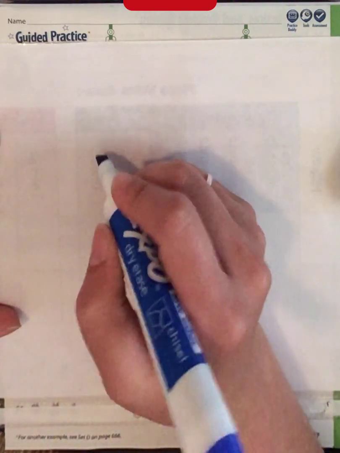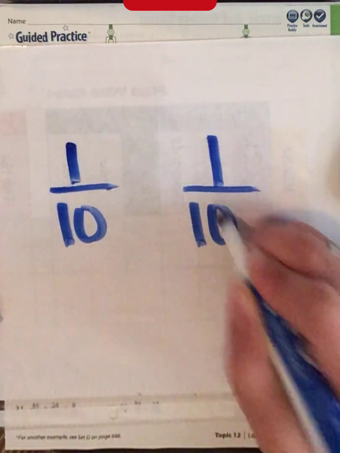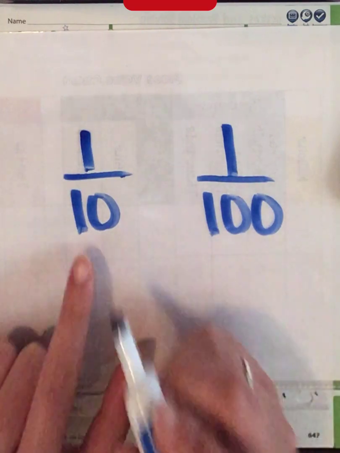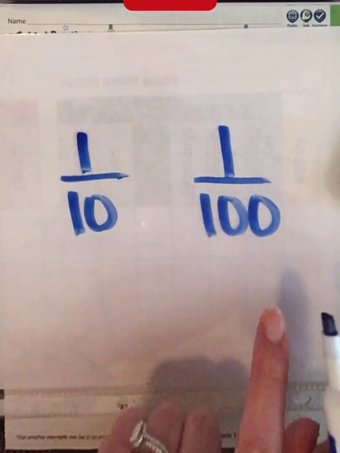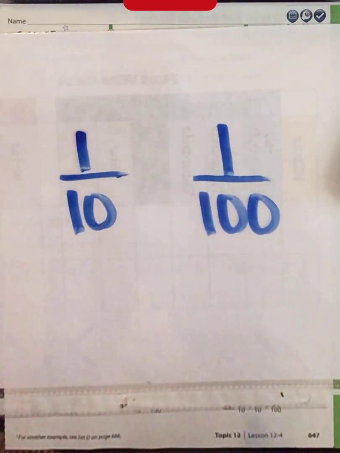All right, so we're going to be looking at fractions that are written as tenths and fractions that are written as hundredths. Now what I am going to teach you is how you can make your tenths into 100ths and your hundredths into tenths. And so that's going to require us to make equivalent fractions.